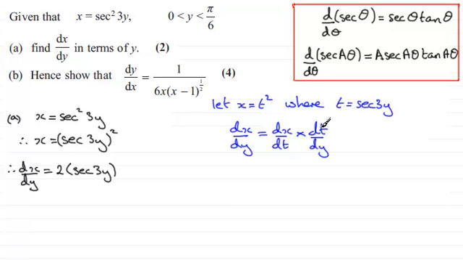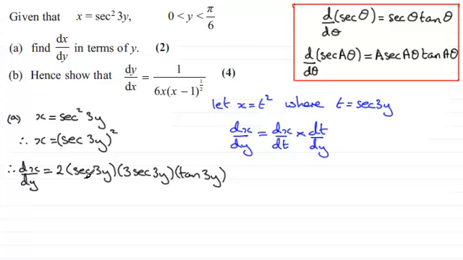Now we've got to multiply it by dt dy. So we need to differentiate t equals sec 3y with respect to y. And we can pick up on this result here. The constant is the 3. So this is equal to 3 sec 3y multiplied by tan of 3y.